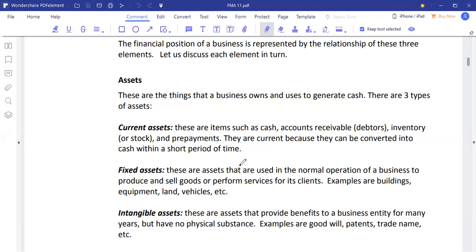But if they're used in a business for operations, they would in turn be called capital expenditure. If they're used for sale, revenue expenditure. So examples of fixed assets are buildings, equipment, land and vehicles.